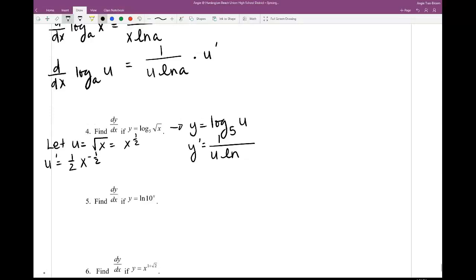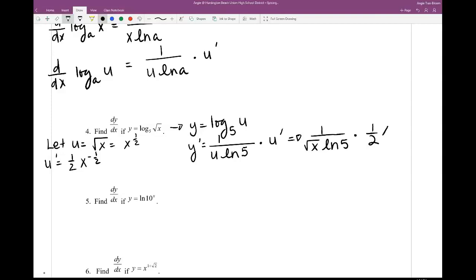A is 5, and it says times u prime. Okay, so from here we will try to make it a little bit better. So u in this problem is square root of x times ln of 5. U prime in this question is 1/2 x to the negative 1/2.